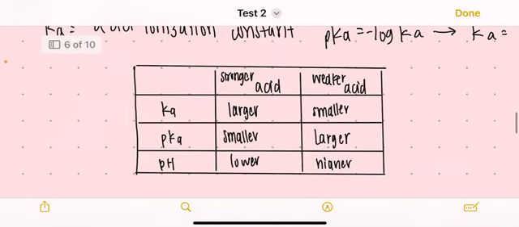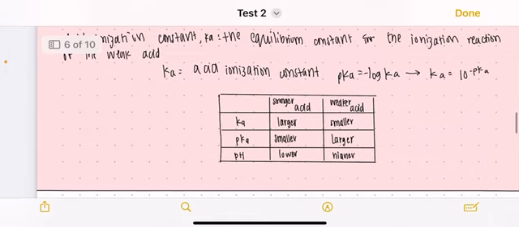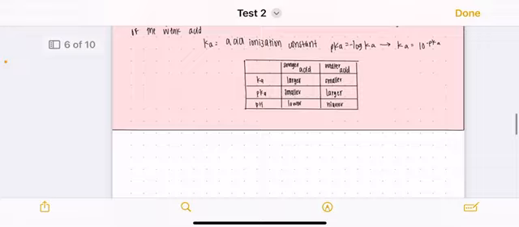When the Ka value is larger, the pKa value is smaller. We can see it here in the equation above. And the pH is lower. When the Ka value is smaller, the pKa value is larger, and pH is higher, meaning less acidic.